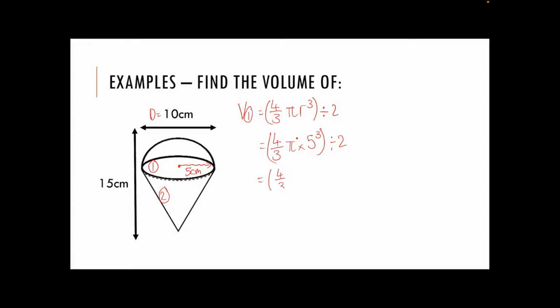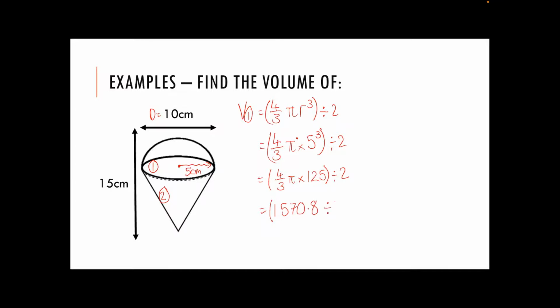That's then 4/3 of pi times 125, and then dividing by 2. What I want to do is my 4 times pi times 125 first of all, and that is going to give me 1570.8.